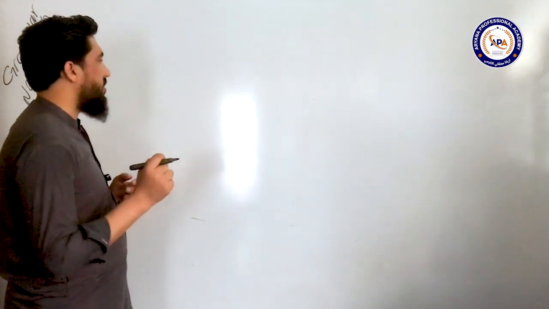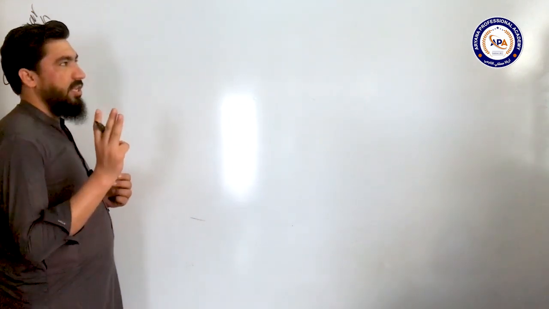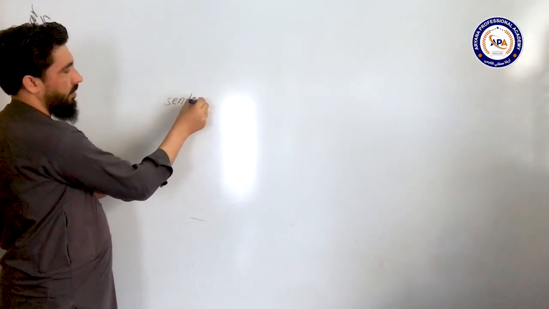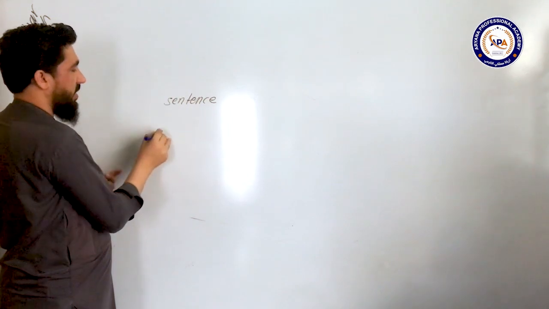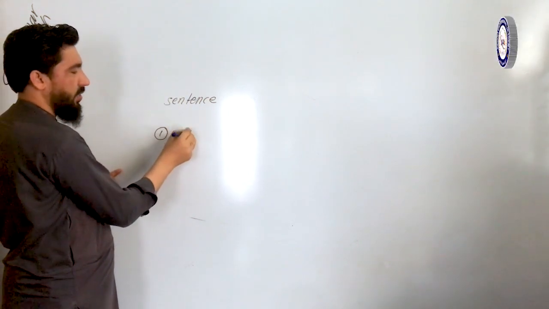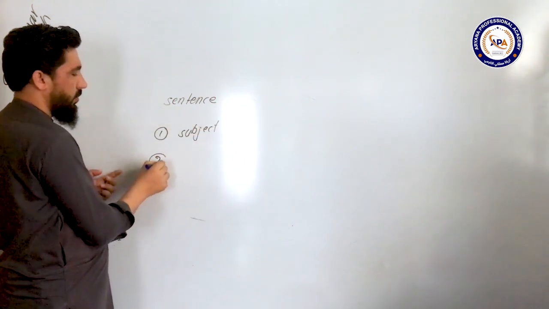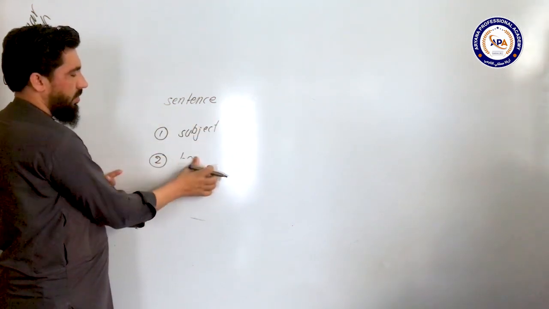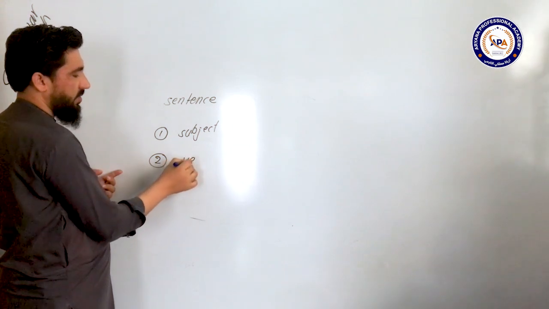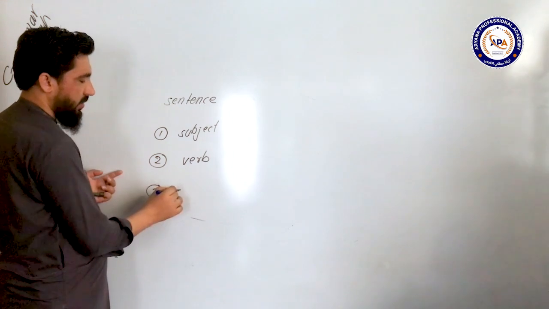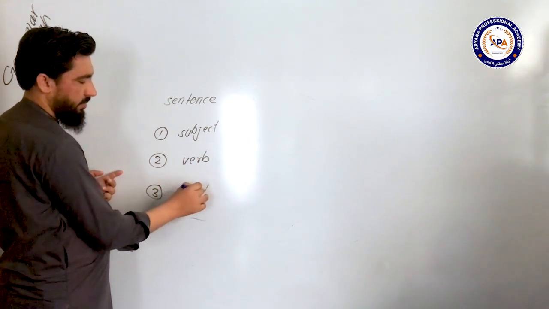A sentence should have only three characteristics. Number one, a sentence must have a subject. Number two, a sentence must have a verb, and number three, complete meaning.